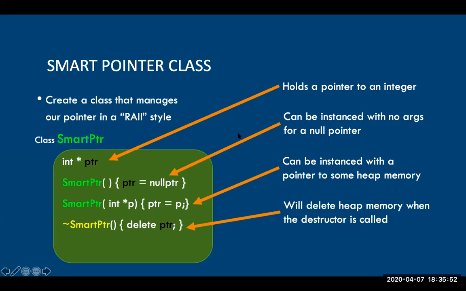You said our own version of a smart pointer class. Is there already a class with this? Yeah. What we'll do is just switch over to using the standard library. There are what are called shared pointers. There's unique, shared, and weak pointers, which are all part of what we call the smart pointer classes.